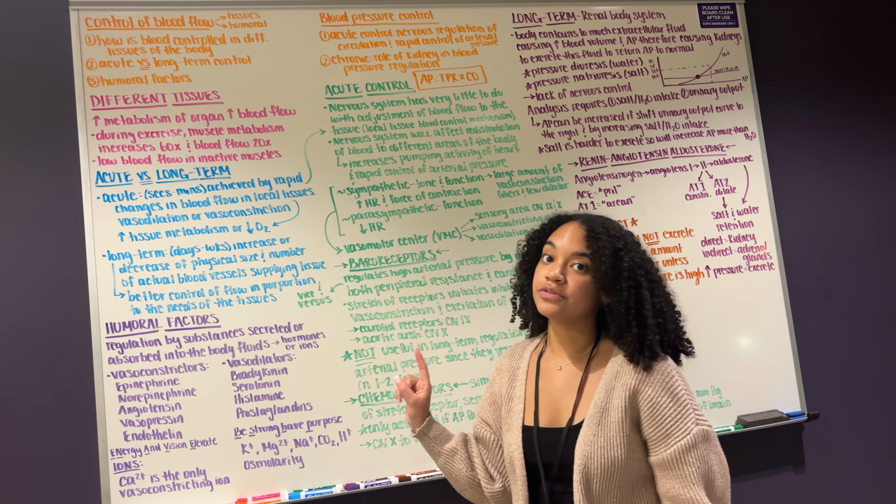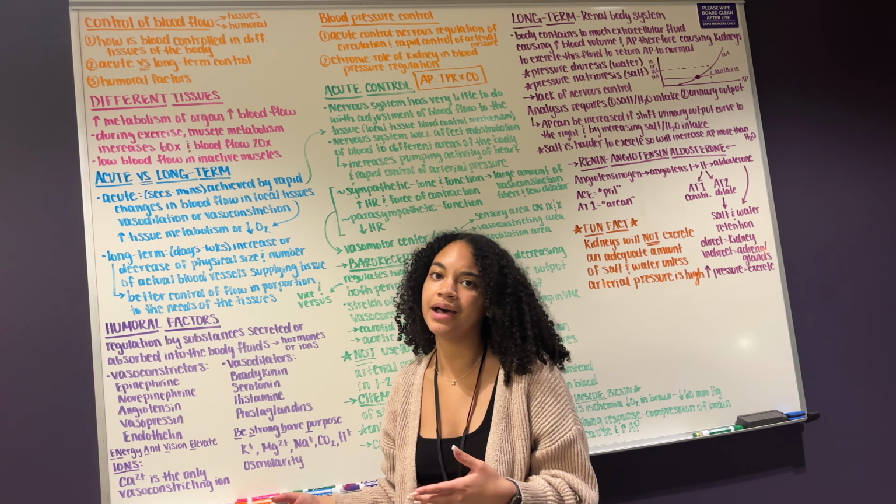And then vice versa, if we have acute, which is fast, we have one that works long term. In the long term, the way we're going to change our blood flow is by increasing or decreasing the actual size of our blood vessels, the physical size and number of the blood vessels going into that tissue and supplying it.